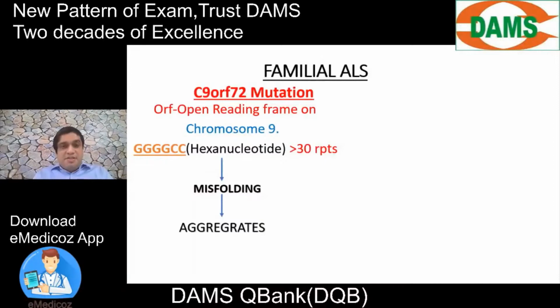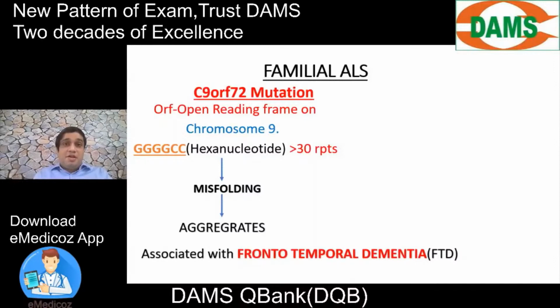Now remember, this same kind of mutation, the open reading frame mutation, is responsible for another disorder which is neurodegenerative involving the cortex, the frontotemporal dementia. Remember this ALS patient could also suffer with FTD because of the common gene mutation causing both the disorders.